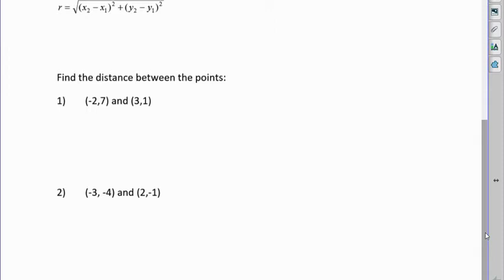So when they are, that means that one of the points will always be the origin. You'll see how that makes it a little easier. But if we're going to use the distance formula at first, and we're going to use proper substitution and all that, we have r is equal to, now if we want this to be x1, this will be y1, this will be x2, and this will be y2.